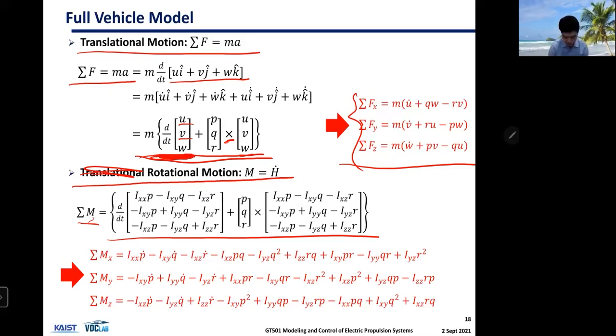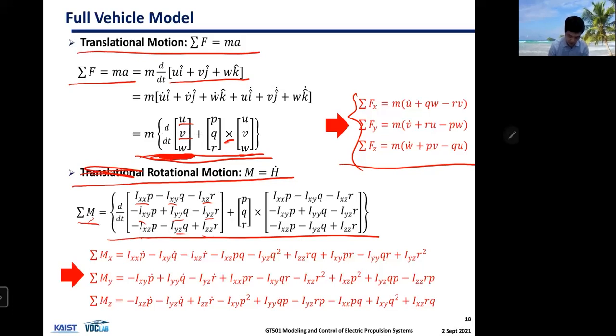And it's even more complicated because we're dealing with a three-dimensional body, and there are these inertia terms, rotational inertia terms, which is a 3 by 3 matrix.